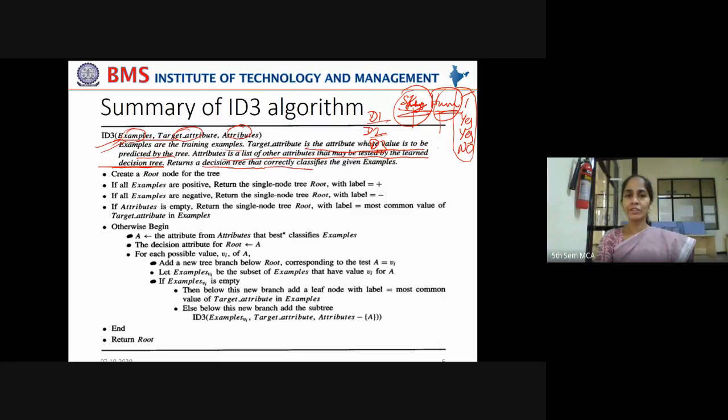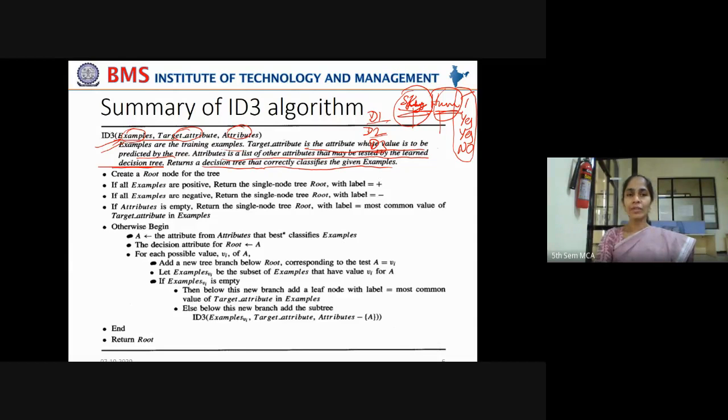It returns a decision tree that correctly classifies the given example or a future data point. So the input is the training examples with their labels and the attribute values, and the output is the learned decision tree, the tree that can apply to all these training examples.